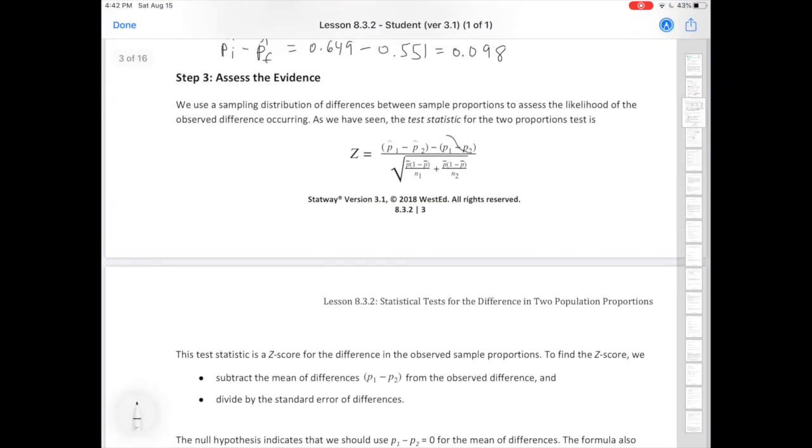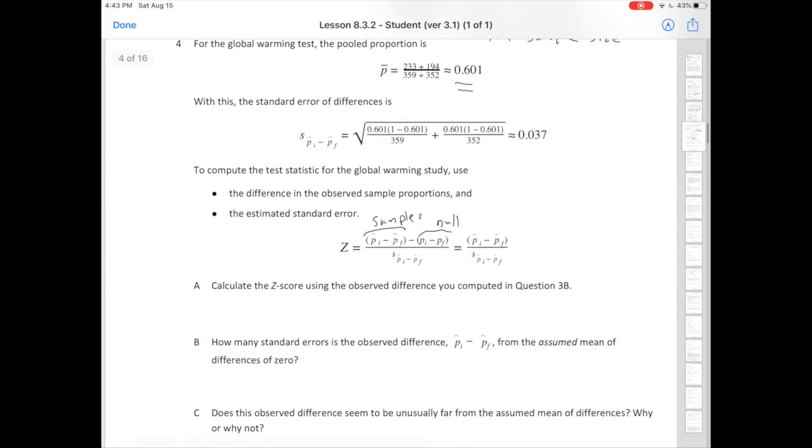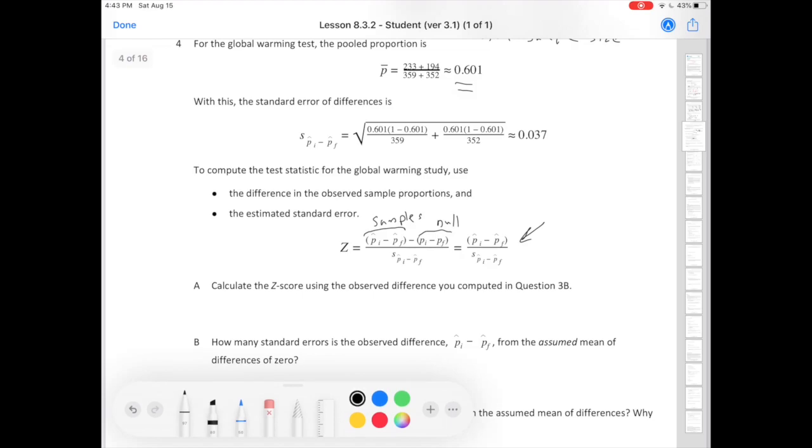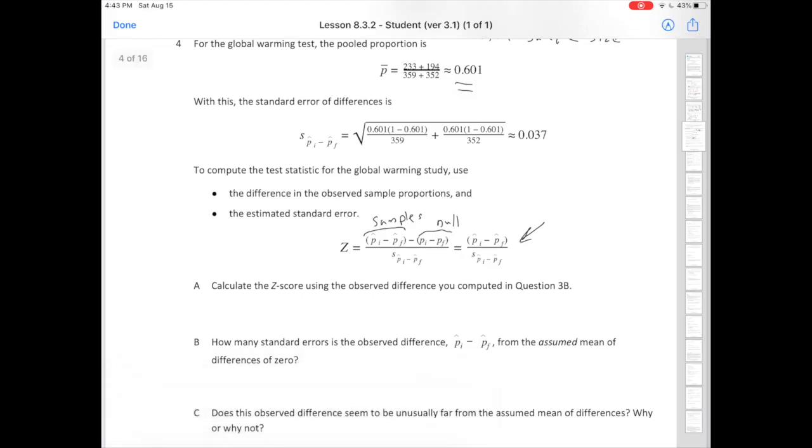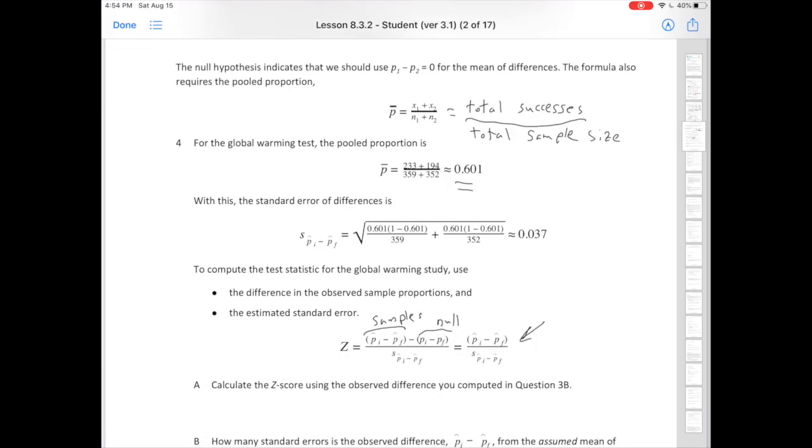This essentially is going to go away. So that's why if you look at what they wrote next, it actually just disappears and you end up just using that, okay? Okay, so let's go ahead and figure out what the z-score is.